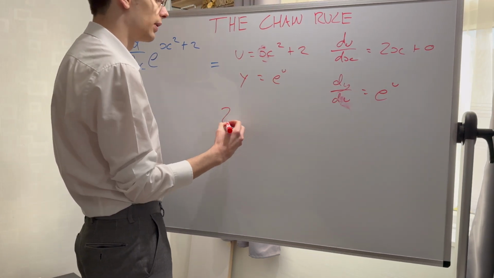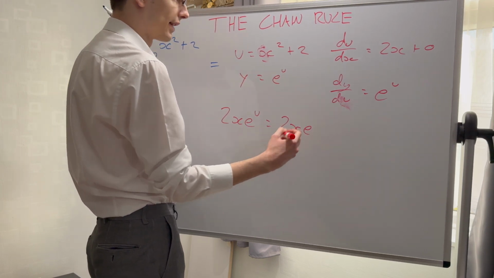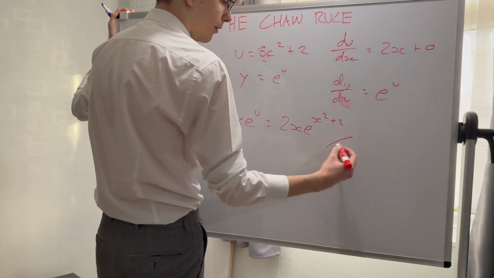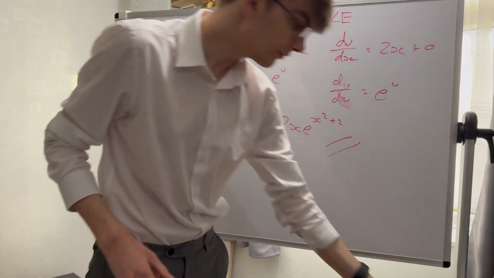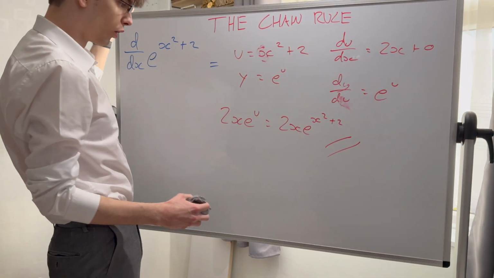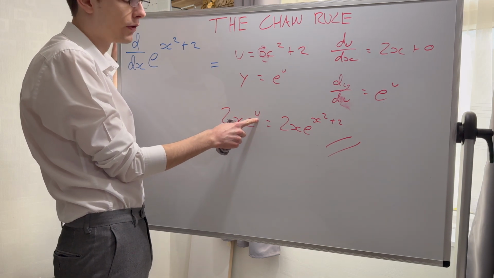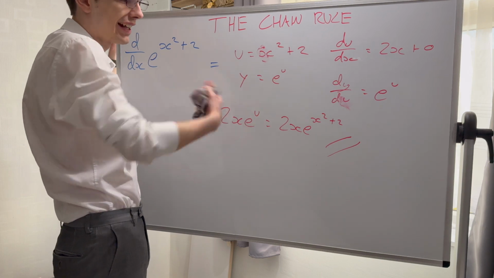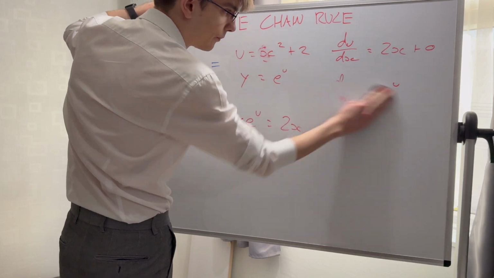Throw these together, we get 2x times e to the u, which is 2x e to the x squared plus 2. Very similar looking thing to the last one. And one thing that's key is we never want a u in the final answer, right? Whenever we do a substitution, we always want to put it back into x whenever we can, which is right at the end, which is why we need to rewrite this like that.